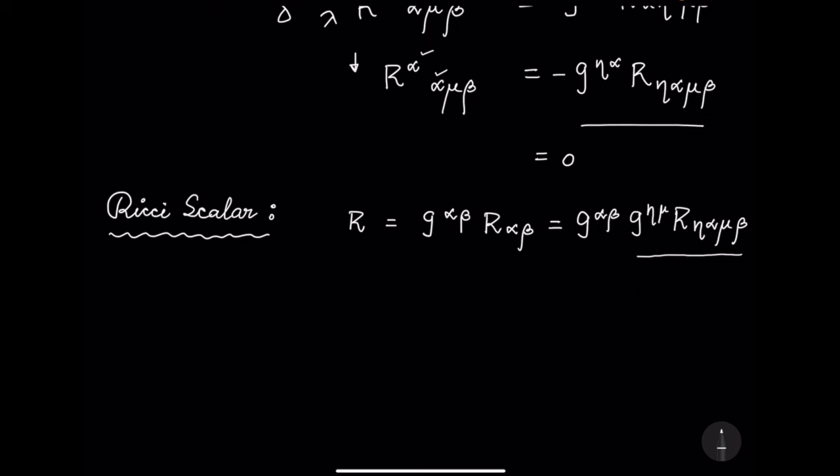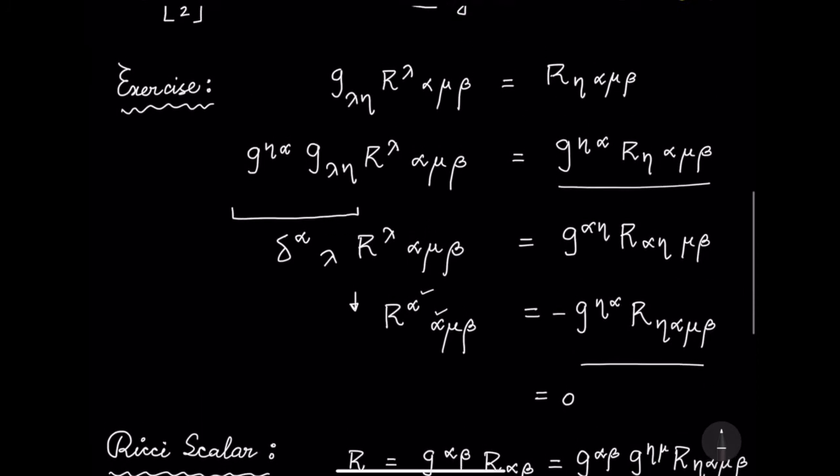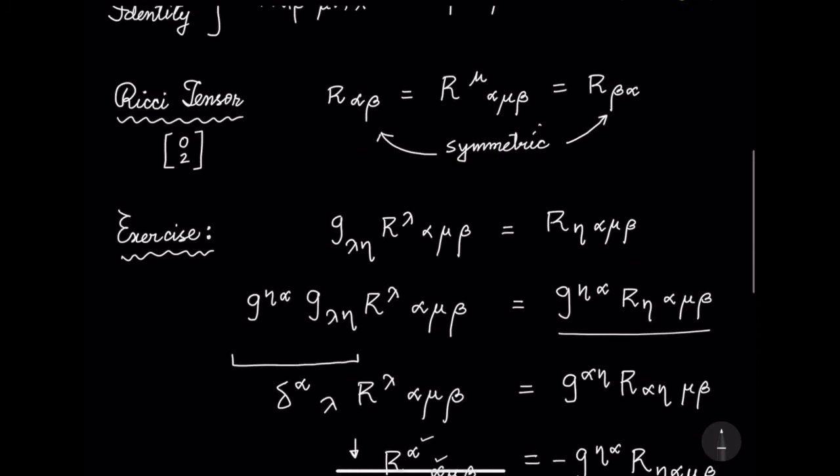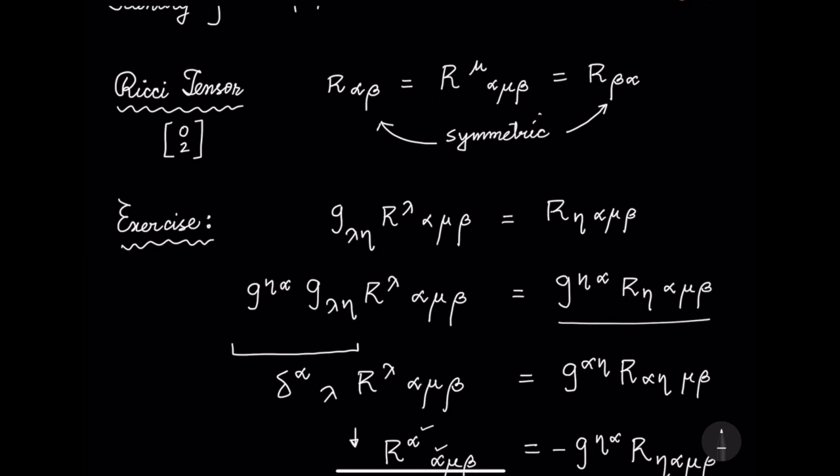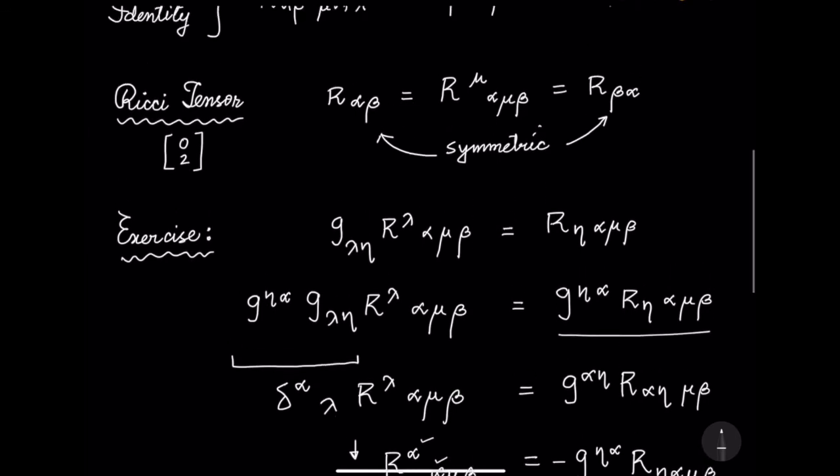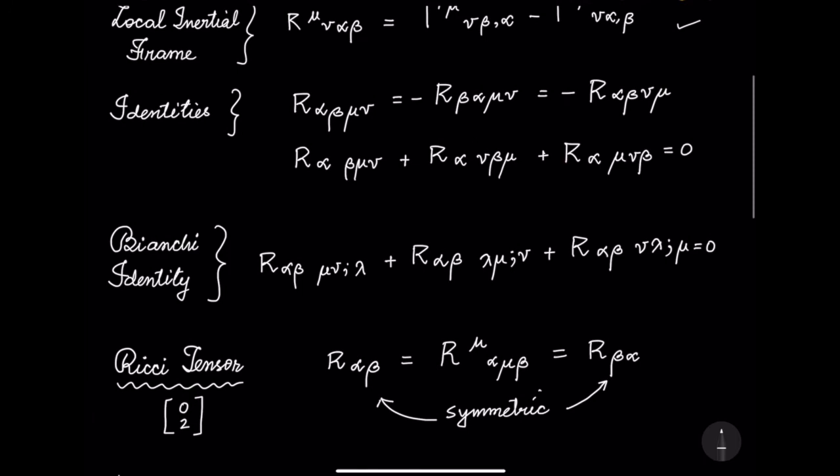Now what we will do is try to get to another tensor, which is one of the important tensors in general relativity, and we will see why its name will tell you that it is important. To go there, we'll start with the Bianchi identity.